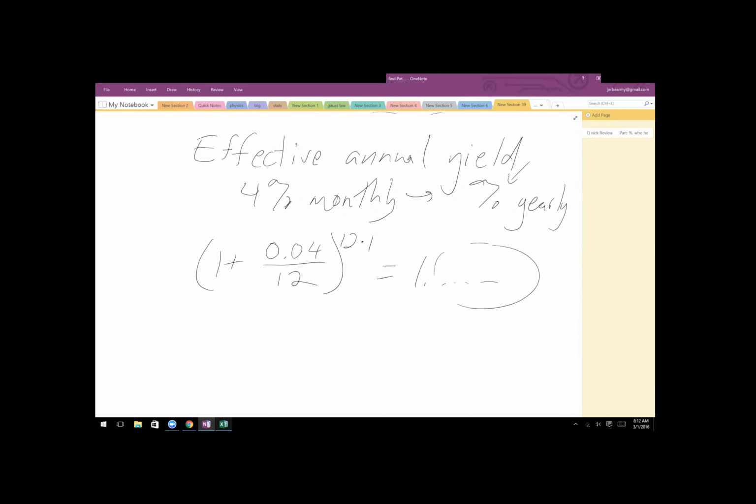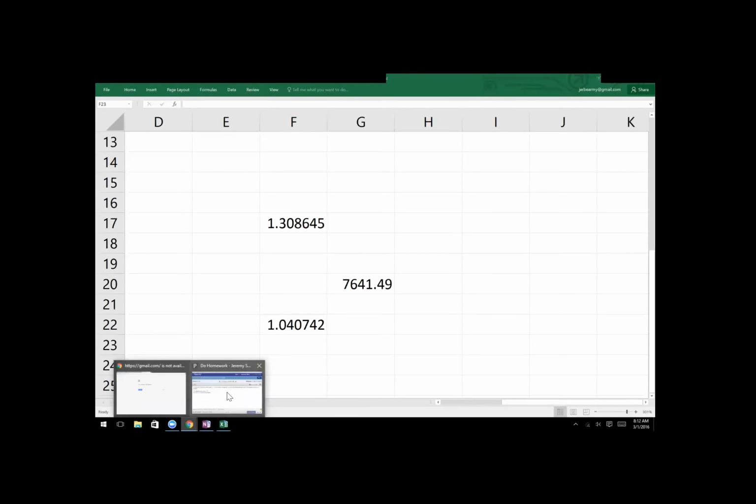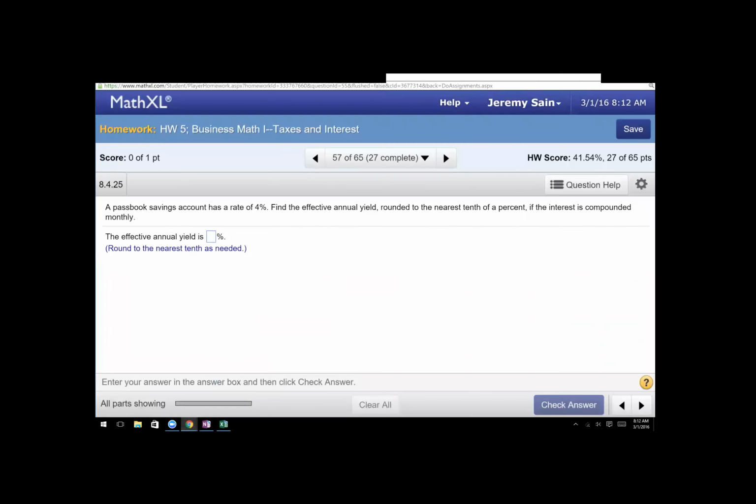So grab my calculator again. 1 plus 0.04 over 12, to the 12. So if I was just doing this as an annual interest rate, it'd be 4.07% instead of just 4%. 4.0742 or whatever. To the nearest tenth would be 4.1.